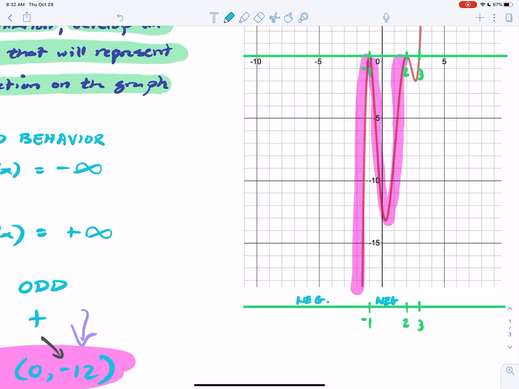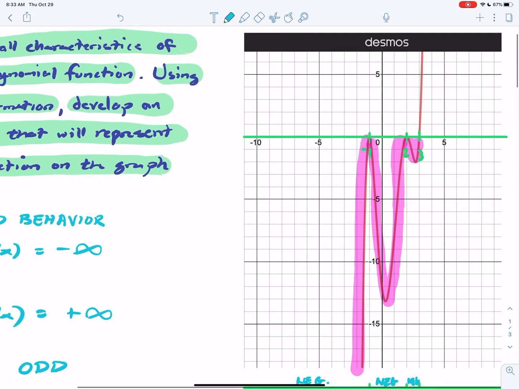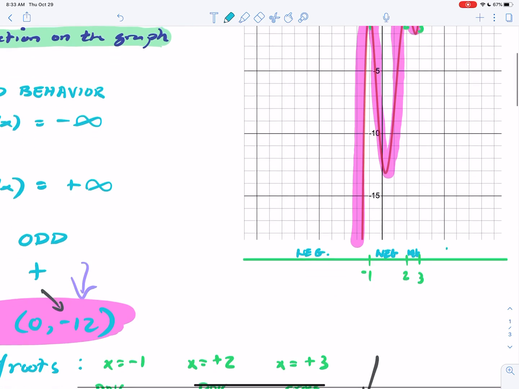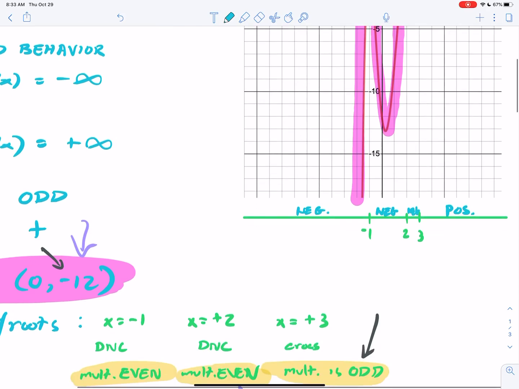Okay? In between 2 and 3, same idea, it's still below the x-axis, so you know that that value has to come out negative. And everything past 3 is above the x-axis, implying that the signs come out positive. So what you want to do in your video is you want to verify this.